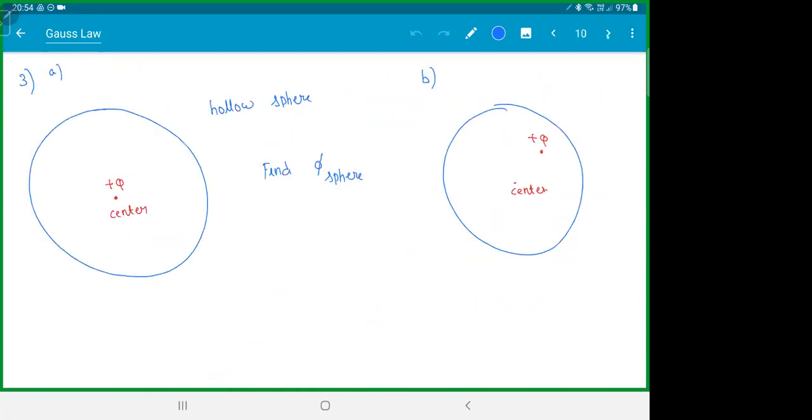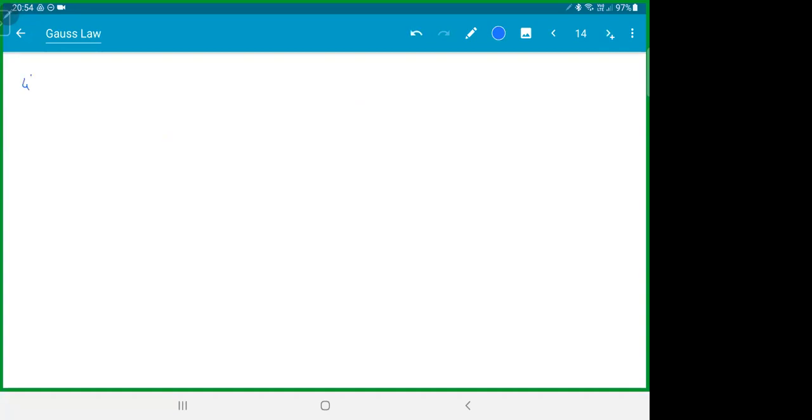You did projected area, no? Great. So if you keep a charge Q here, and if you have a disk here, and this angle is theta, find the flux passing through the disk.